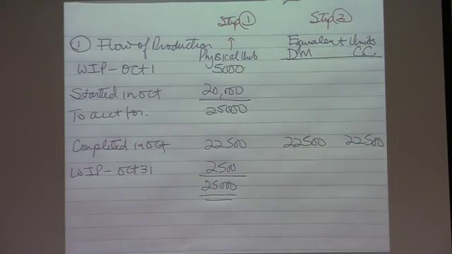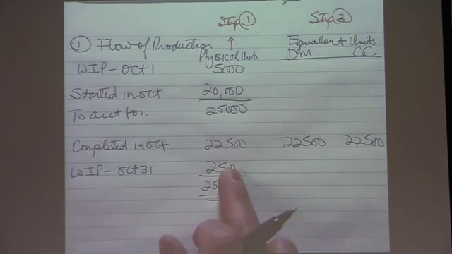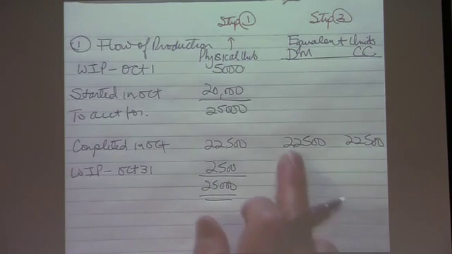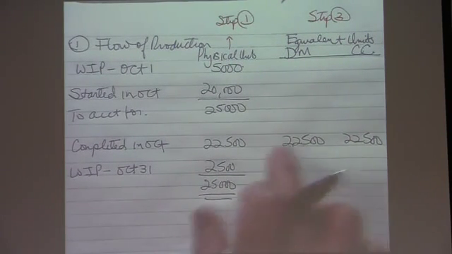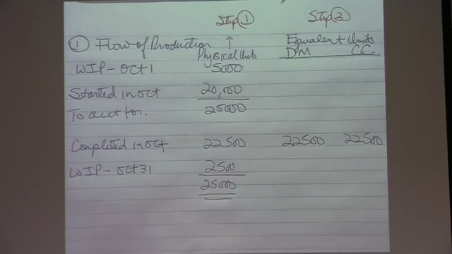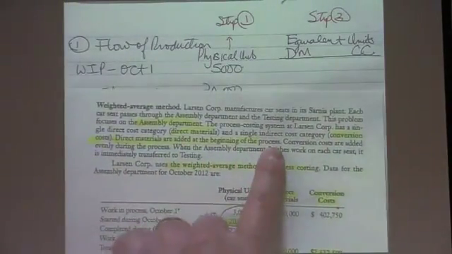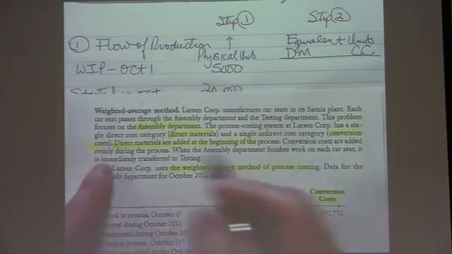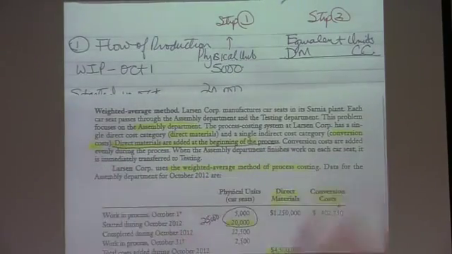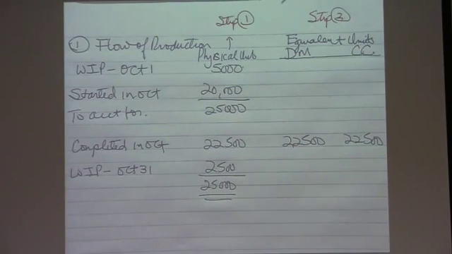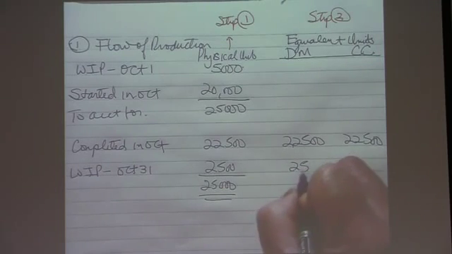Of the 2,500, you'll see how many raw materials were actually consumed to complete those sitting in work in progress. We were told that the direct materials are added at the beginning of the process, which means that as soon as the car seats are in the assembling department, all of that material would have been consumed.